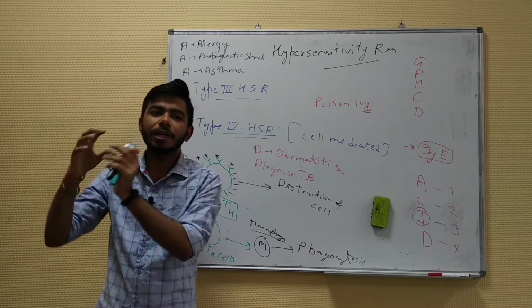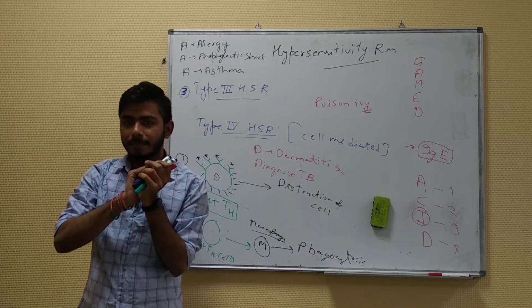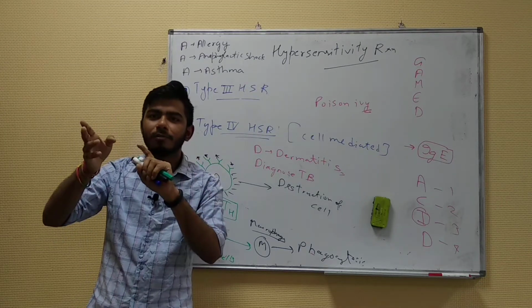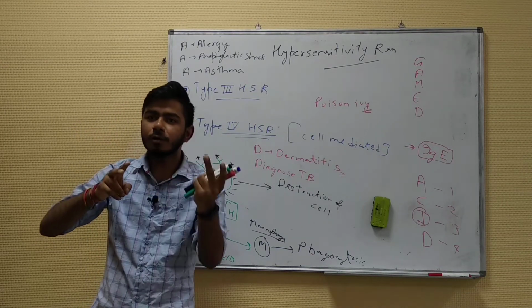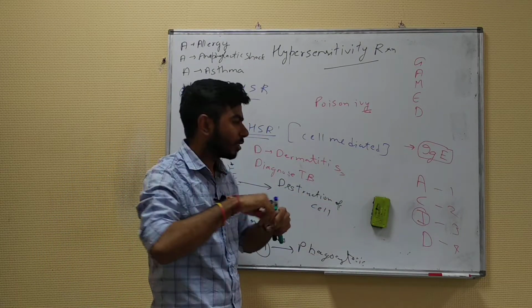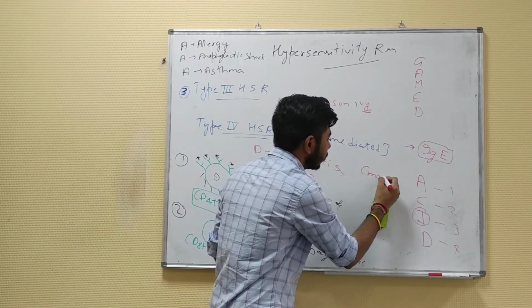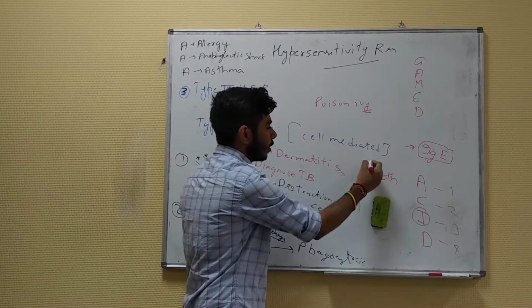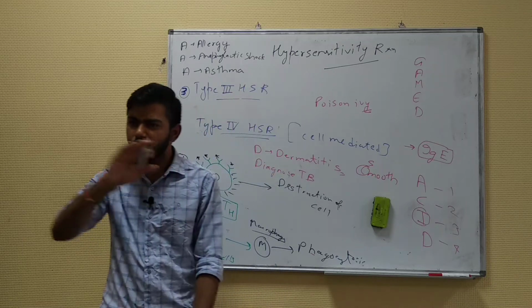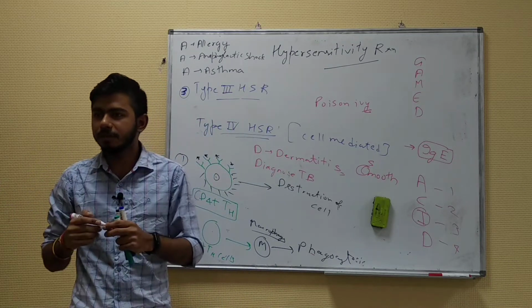In type 5, they will be binding to the receptors of that cell. What is the difference between type 2 and type 3? Regular and irregular. Which one is regular? Type 2 is regular, smooth. C for cytotoxic, C for smooth. Actually it is S, but remember it with the smooth C. So a smooth kind of pattern will be there, a regular kind of fashion.